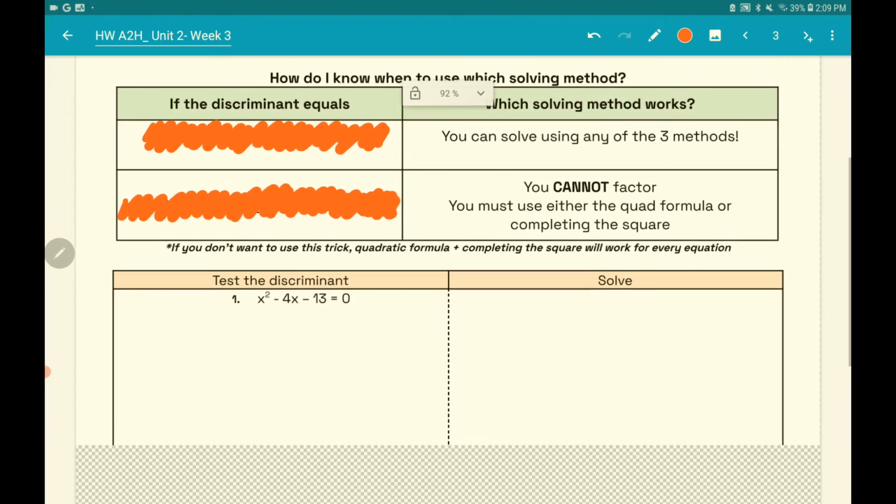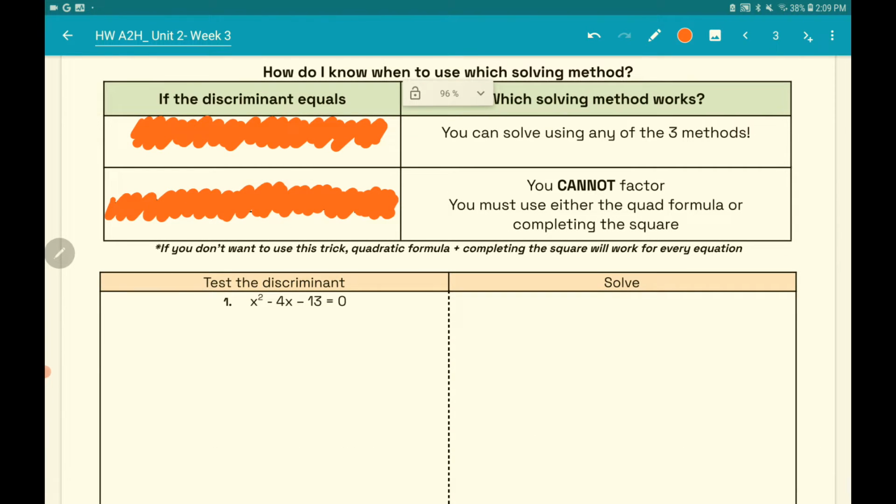So like I mentioned in class, you can always use quadratic formula and completing the square. Factoring, though, only works for specific questions. So if I plug in b squared minus 4ac and the discriminant equals 0 or a positive perfect square, so that would be something like 25, 49, then you can use any of the three methods.